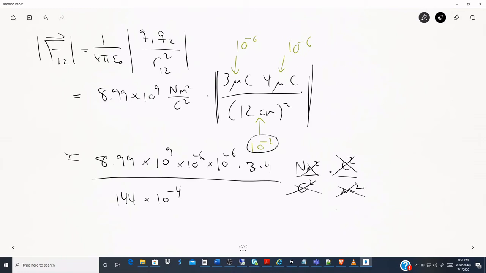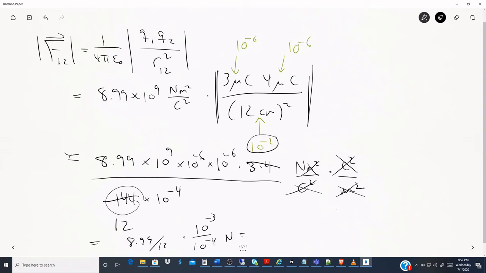So first of all, 3 times 4 is 12, and 144 is 12 squared. So I can cancel this with that and just make that into a 12. So now I have 8.99 over 12 times 10 to the negative 3 upstairs and 10 to the negative 4 downstairs.